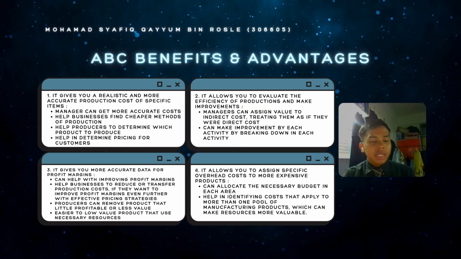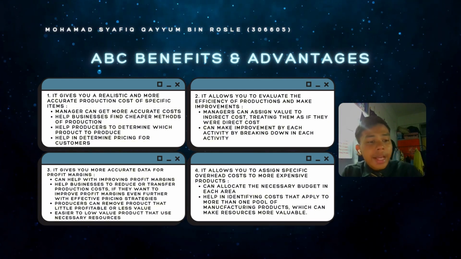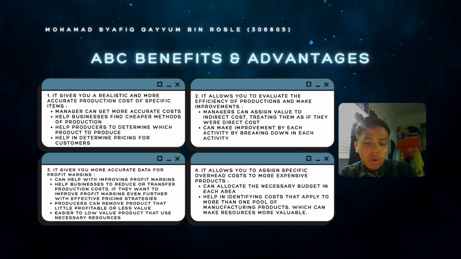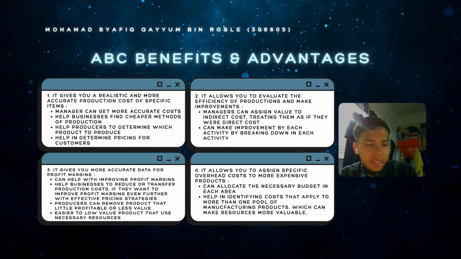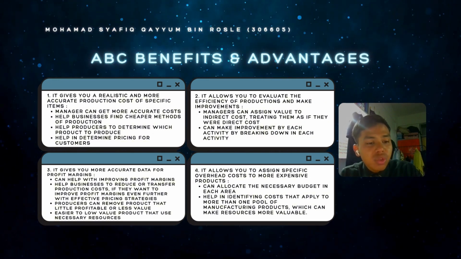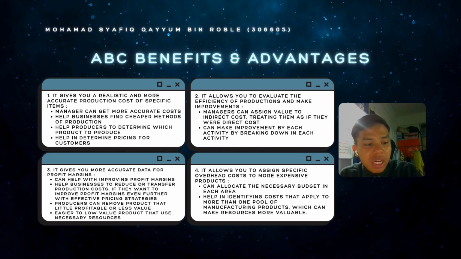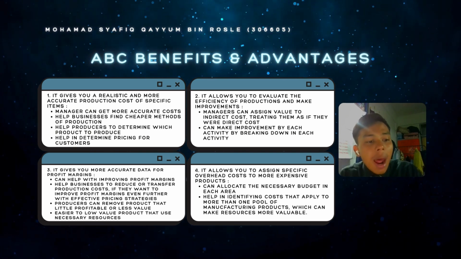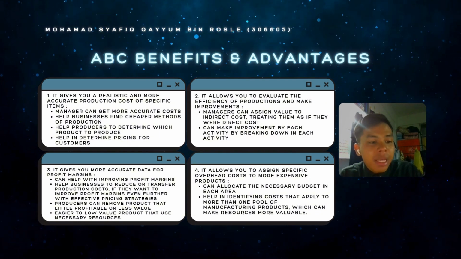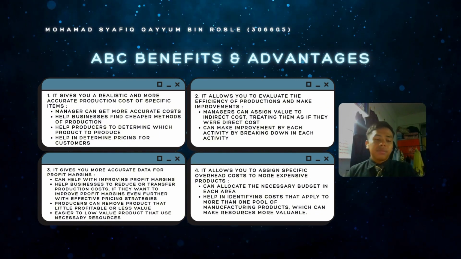And for number three, it is to give you more accurate data for profit margin. The explanation is it can help improve profit margin, help business reduce or transfer production costs. If they want to improve profit margin even further with effective pricing strategies, the producer can remove products that are less profitable or of less value, and focus on products that use necessary resources.